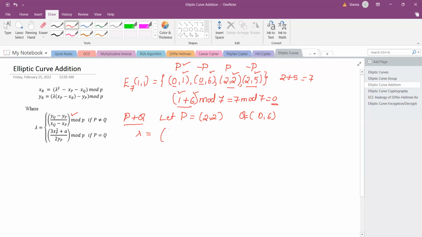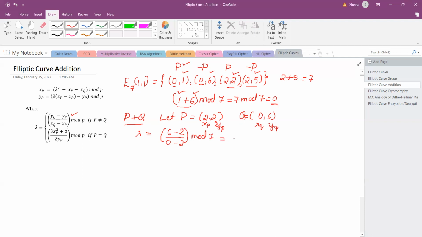Here this is the x coordinate of P, so let me represent this as xp, and this is the y coordinate, so this is yp, and this is xq, and this is yq. Now when I consider yq minus yp, I need to consider 6 minus 2, divided by xq minus xp, that is 0 minus 2, mod 7.